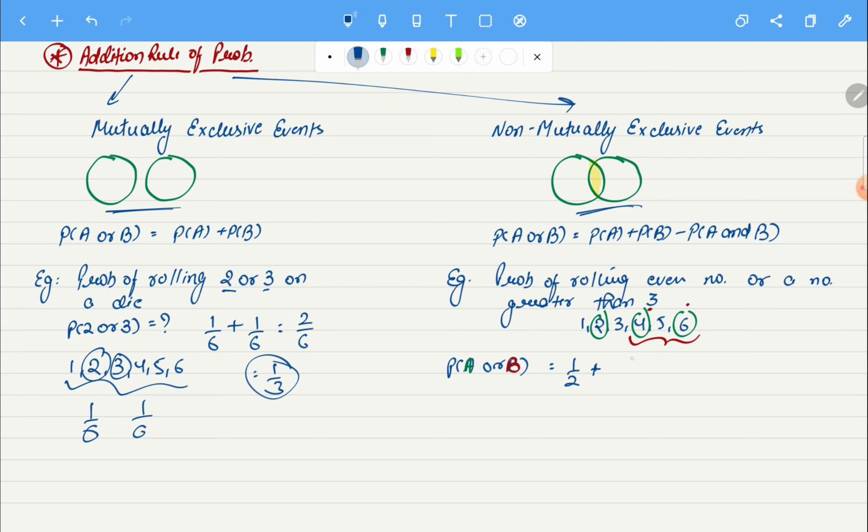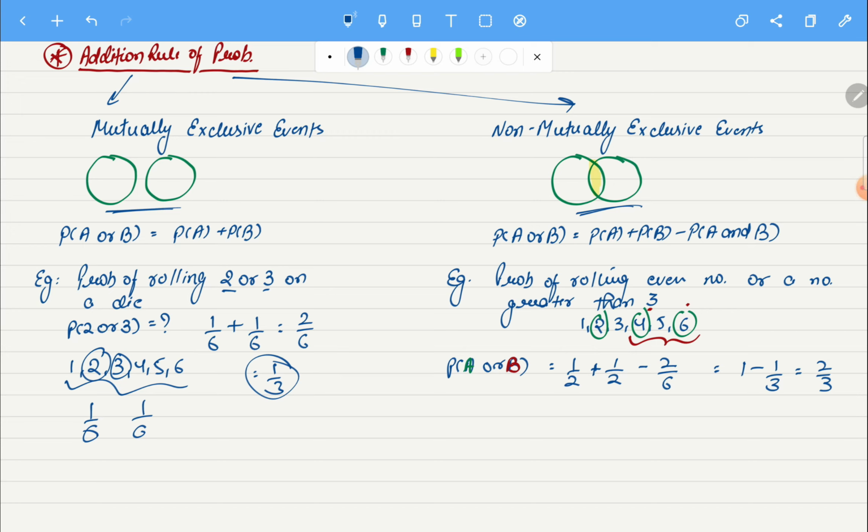And if you want to find the probability of getting a number greater than 3, again that is 3, and total outcomes is 6. So again this will become 1 by 2. Now we will have to subtract the intersection. So this will become 2 by 6. So this will give us 1 minus 1 by 3, which is 2 by 3. So this is the rule of addition in probability.